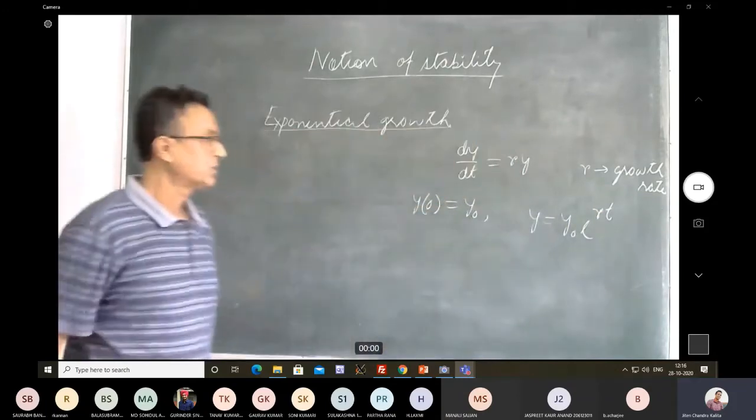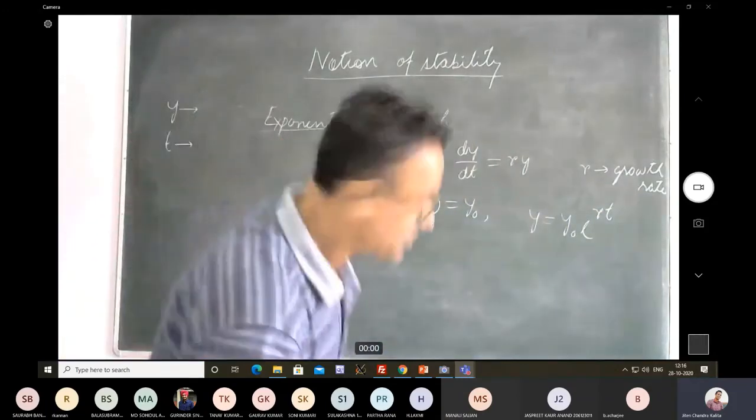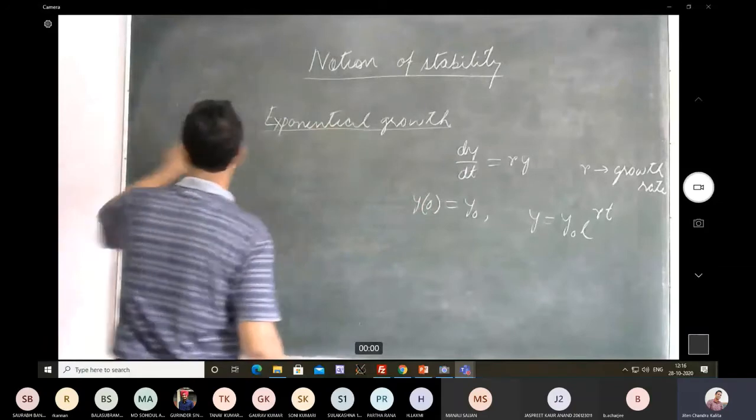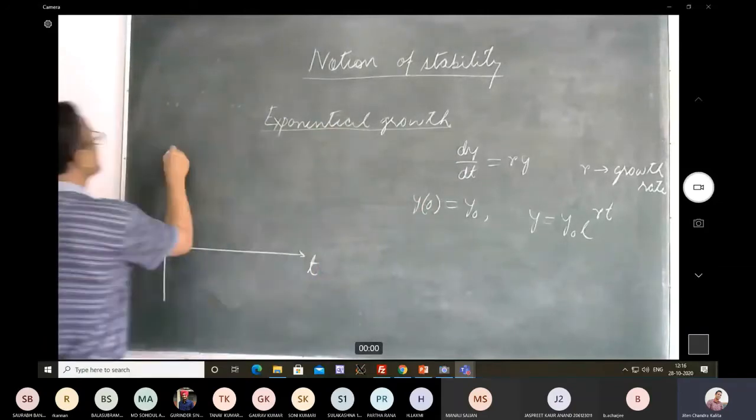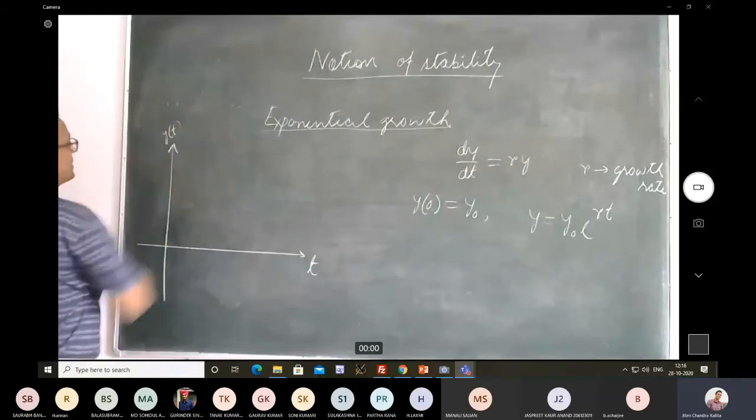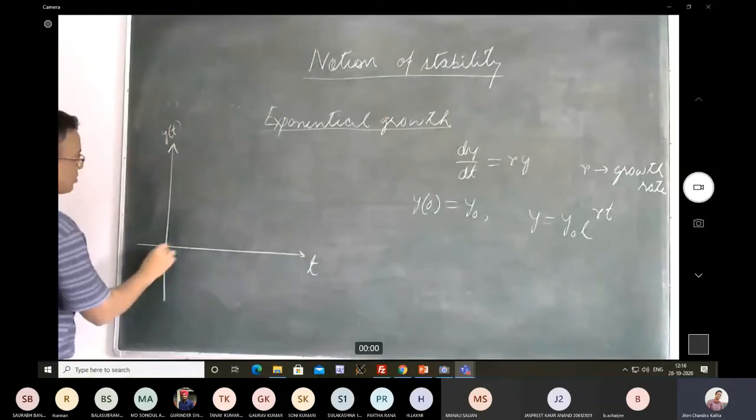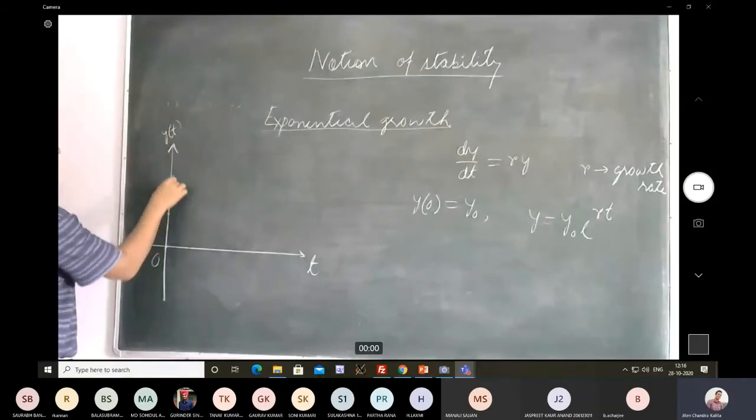If you want to plot the solution, suppose this is t, this is y(t). Here at t0, I have my initial condition.